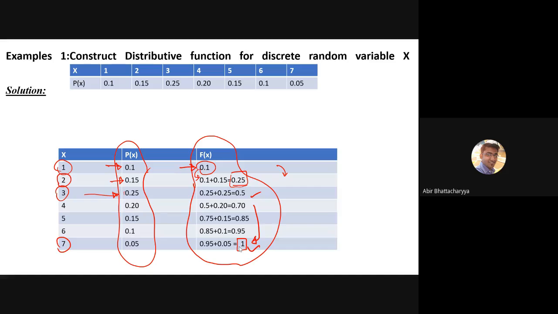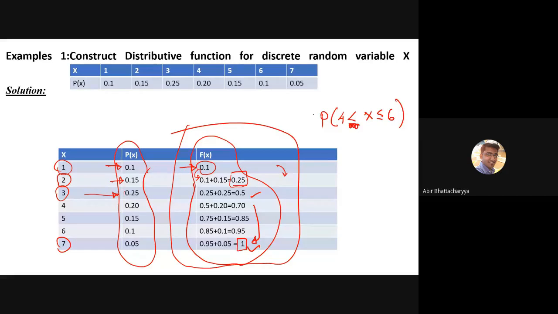Now, what is the advantage? The advantage is that if someone asks you the probability of 4 less than or equal to x less than or equal to 6, whatever, the probability is simple: f of x equals 6 minus f of x equals 4.